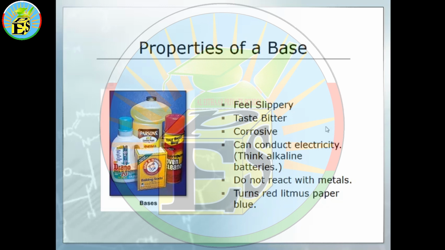And here you will see that bases turn red litmus paper into blue. What was the case in acids? Acids were turning blue litmus paper into red. Here the bases are turning red litmus paper into blue. So this is the case regarding bases.